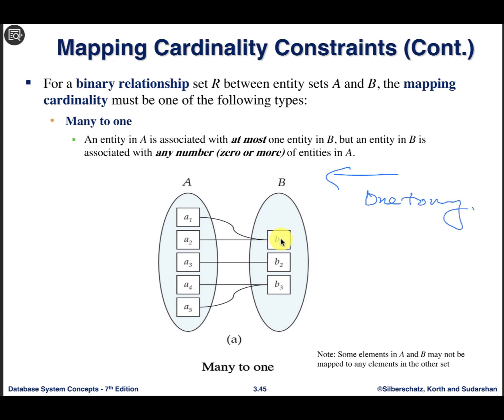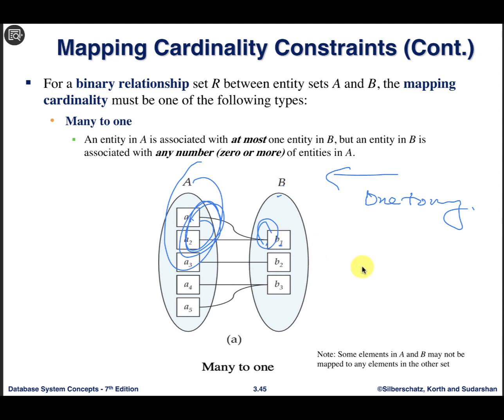Okay? So what does that mean? Many to one means an entity instance in A can be associated with at most one entity in B. At the same time, an entity instance in B can associate with any number, with many, let's say 0 or more. It might be 0, might be 1, might be 2, might be 3, with many entity instances in A. So this is the many side, and we have a one. So that means many to one.